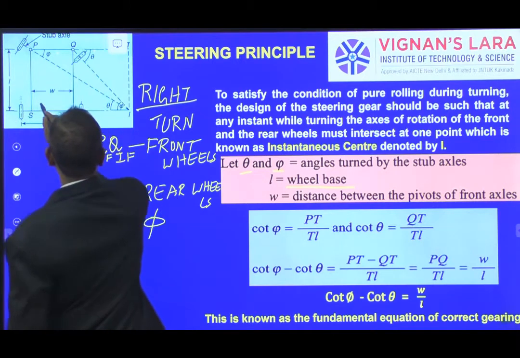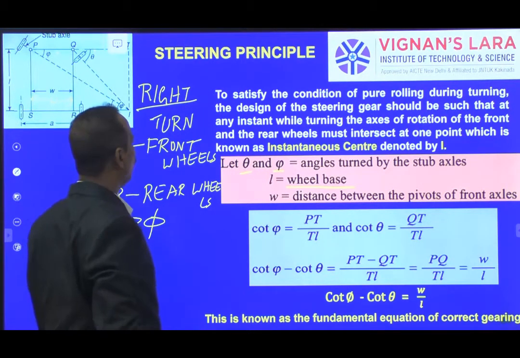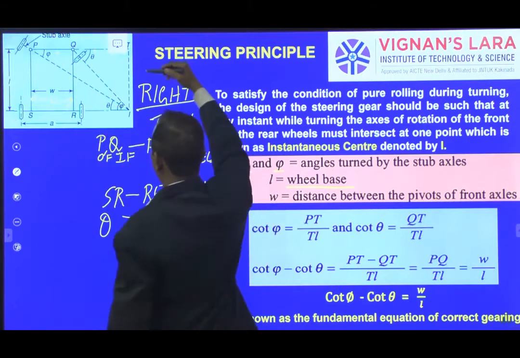Then W is the distance between the pivots of the front axles.